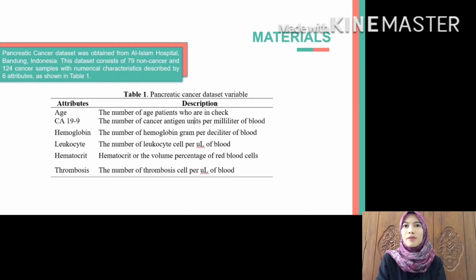There are age, the age of patients who are in check; CA19-9, the number of cancer antigen units per milliliter of blood; hemoglobin, the number of hemoglobin grams per deciliter of blood; leukocyte, the number of leukocyte cells per microliter of blood; hematocrit, the volume percentage of red blood cells; and thrombocyte, the number of thrombocyte cells per microliter of blood.